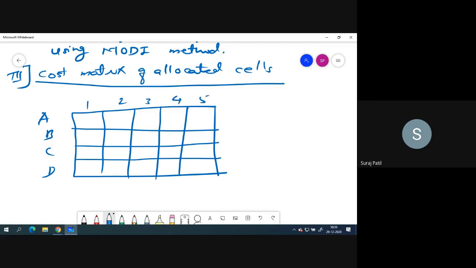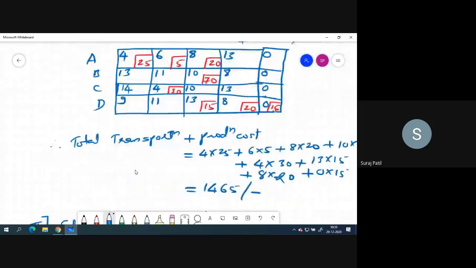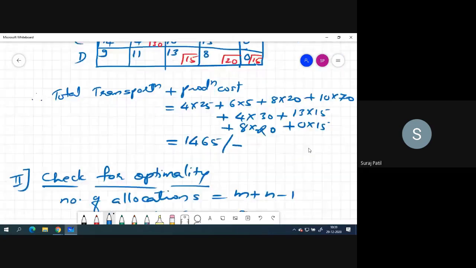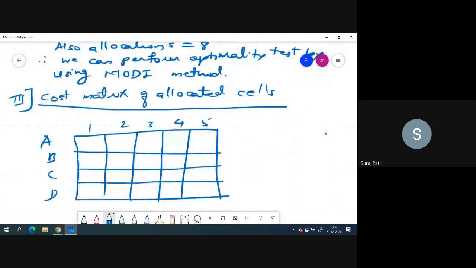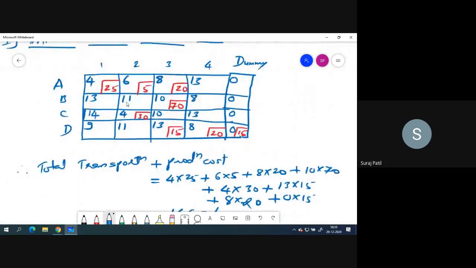Okay, so from the matrix, what are the costs of allocations? Just here, 4, 6, 8, because that is allocated. Then you see here it is 10, that is 10 and 4.